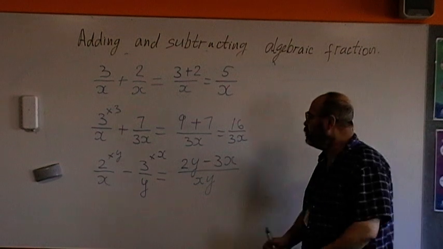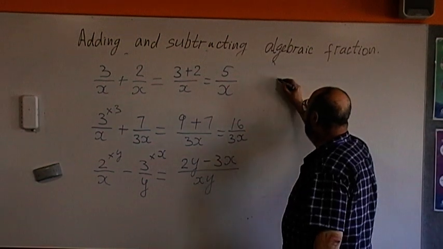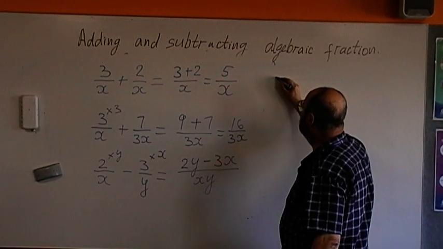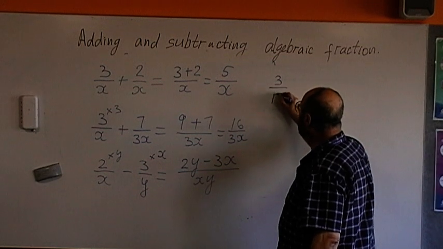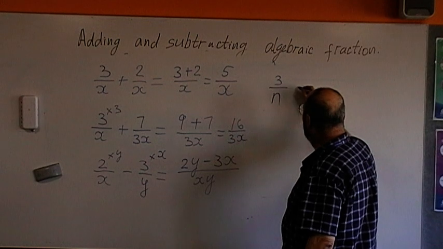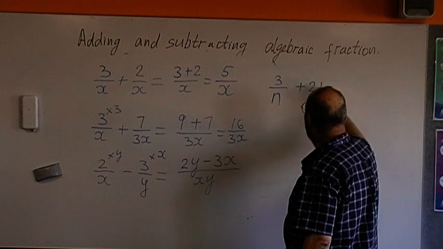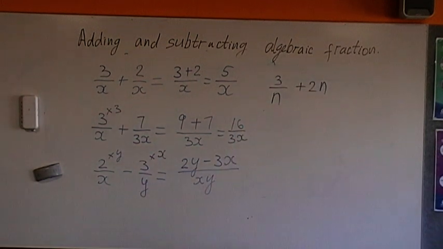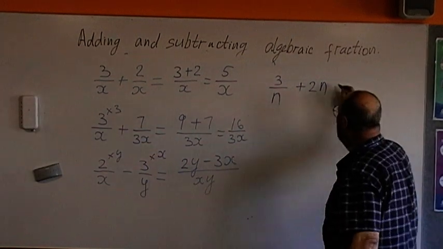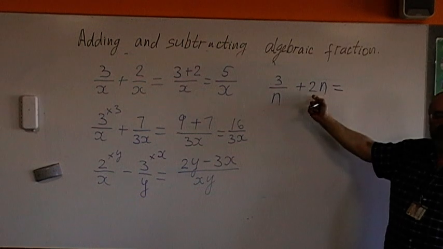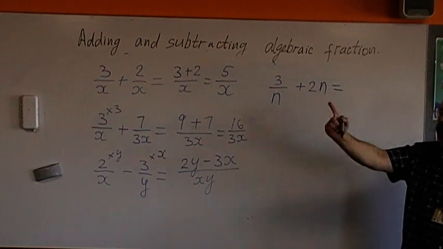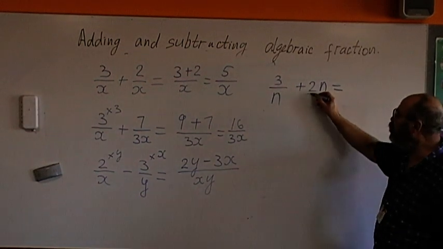Next example. If we have 3 over n plus 2n, what is the denominator of 2n? Over 1, an invisible 1.